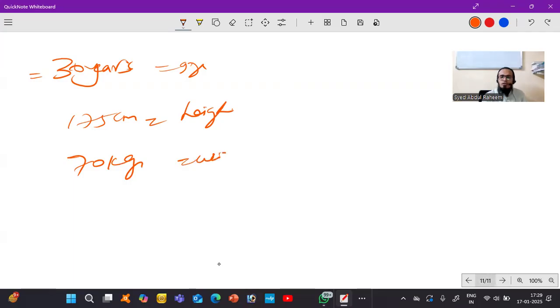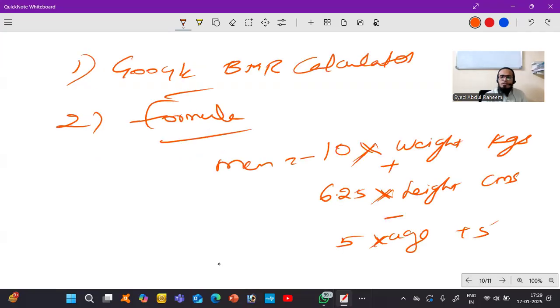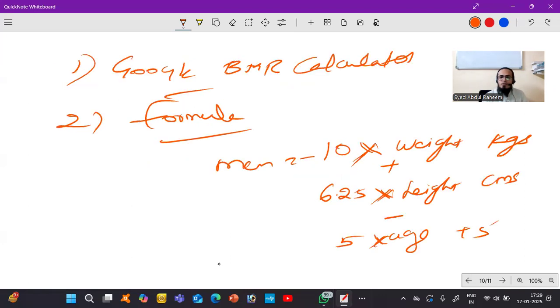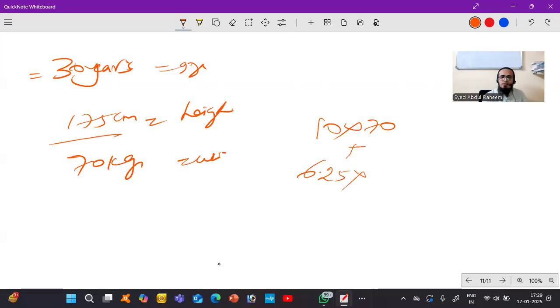How do you calculate? 10 into weight, 70 kgs, plus 6.25 into height, 175, minus 5 into age, 30, plus 5.